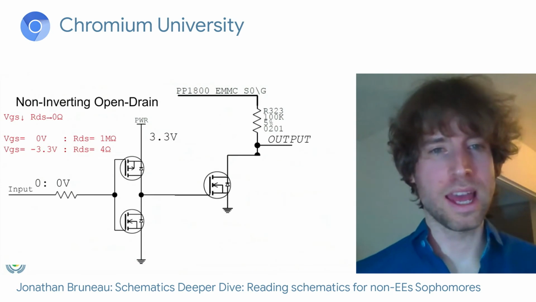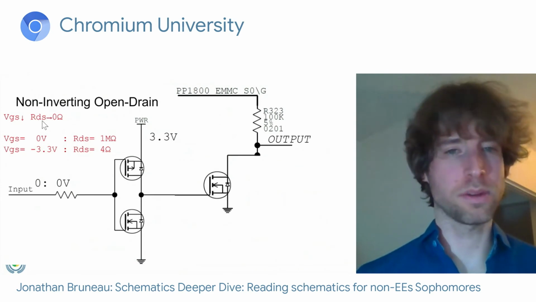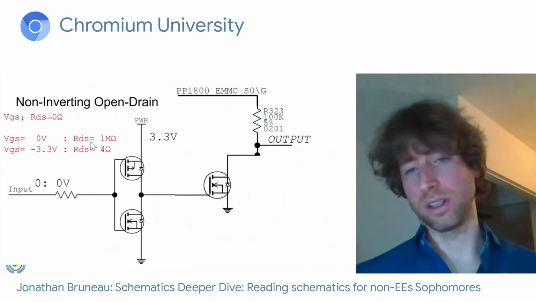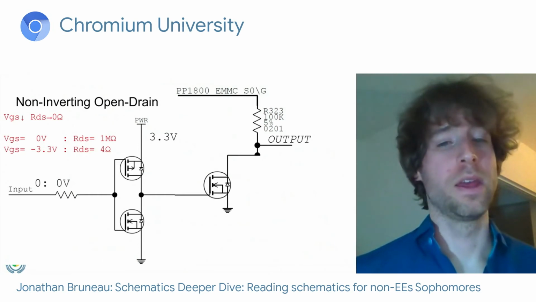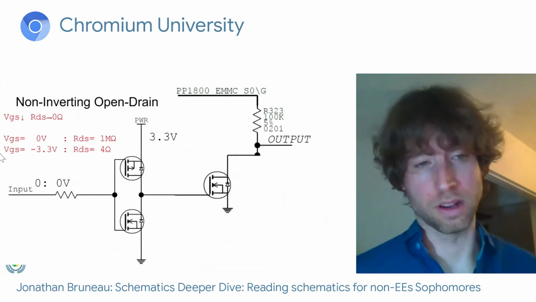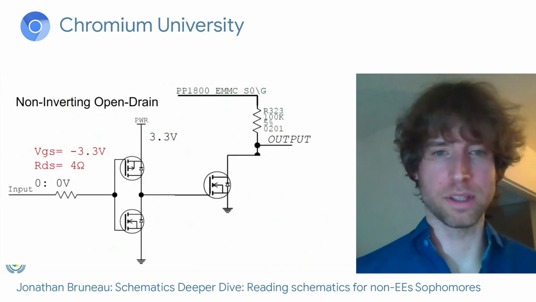So really, as our gate to source voltage decreases, our resistance from the drain to source converges to 0 ohms. So for example, if I have a gate to source of 0 volts, I could expect a resistance of, say, 1 megaohm. And if I have a negative 3.3, I could expect the resistance to be something like 4 ohms. So with that in mind, let's see what happens here.